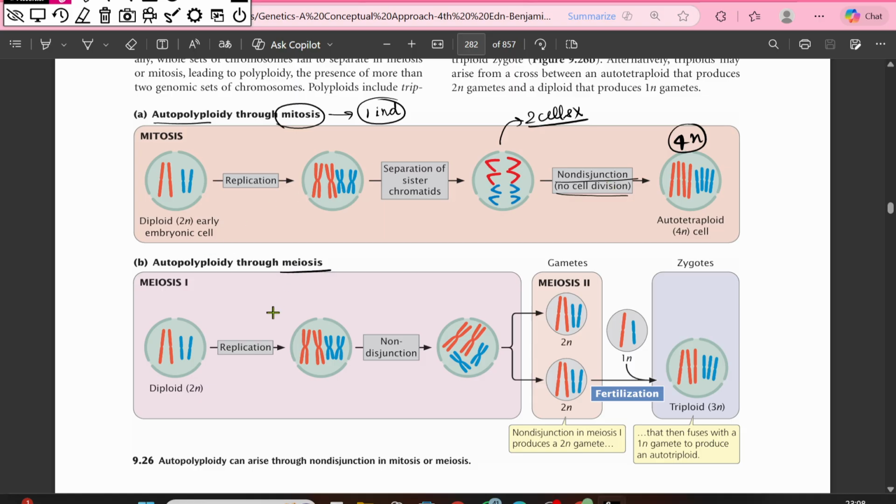And if we talk about meiosis, generally we have two members involved, their gametes are involved, but they are from the same species, because we are talking about autopolyploidy.